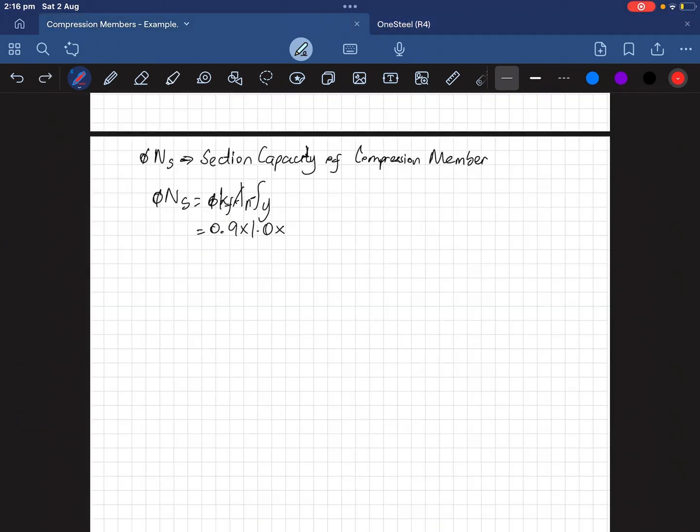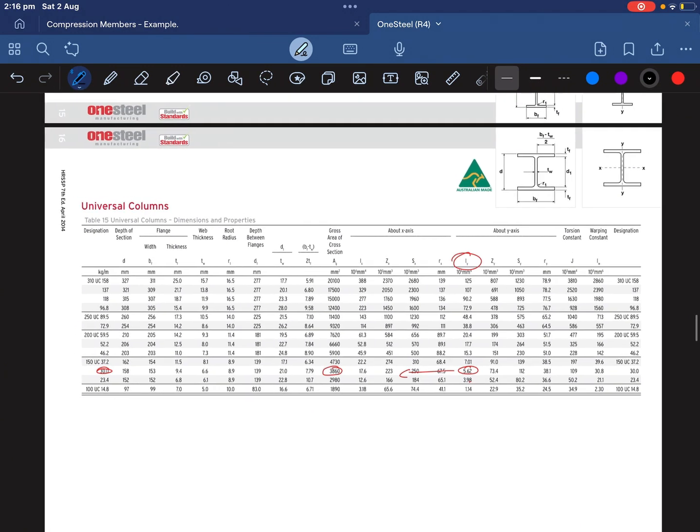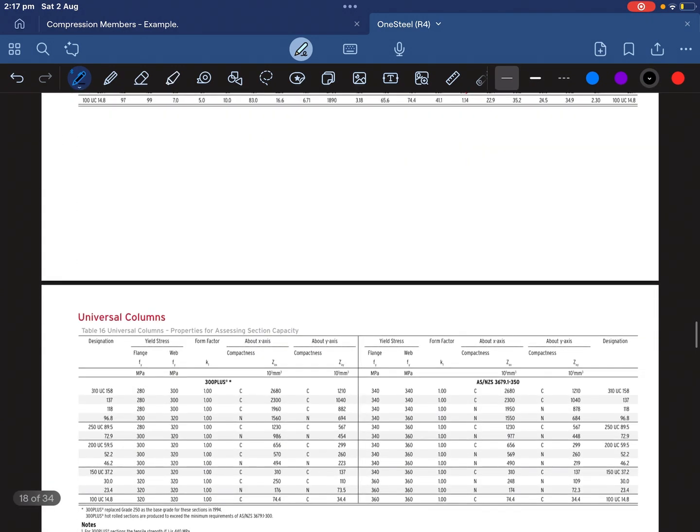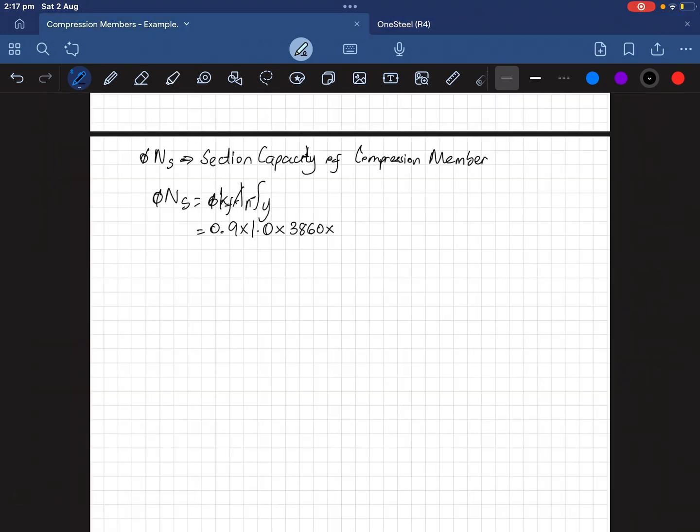So times 3860 times we have fy as well. Usually these values are a bit higher, but we're going to work with 300 MPa.